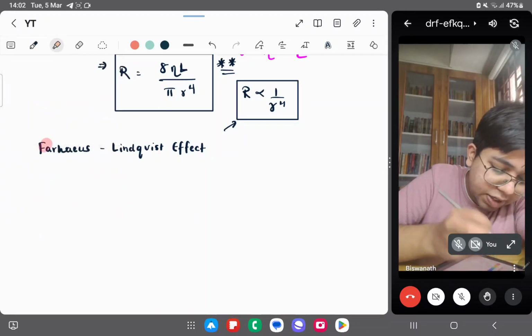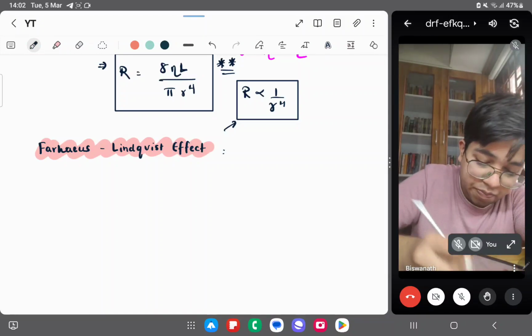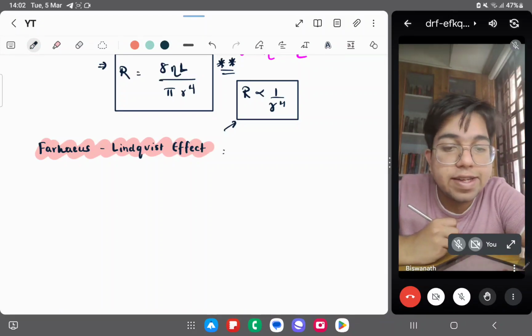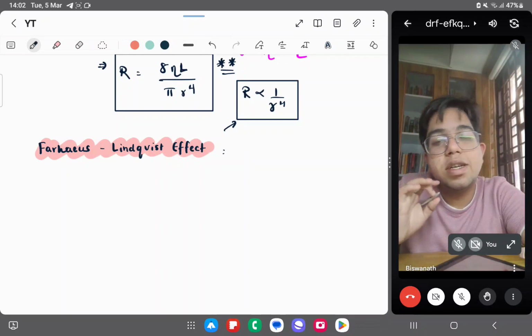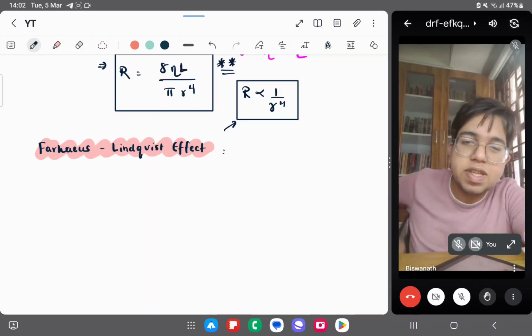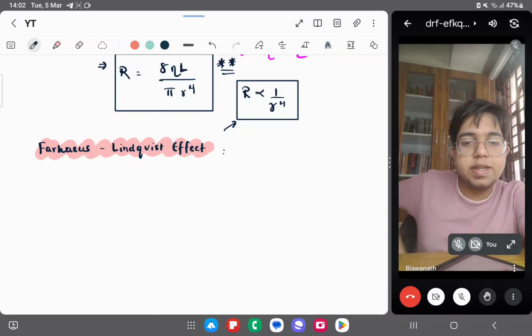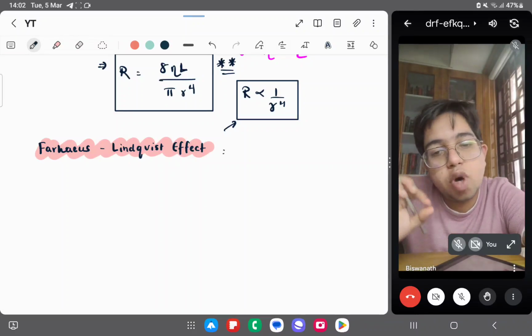We'll discuss what it is all about. So, what is this Fahraeus-Lindqvist effect? This effect is the main culprit. I don't say culprit, but it is responsible for the difference in nature of flow along the small blood vessels.